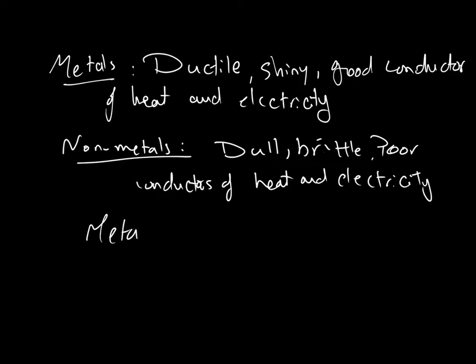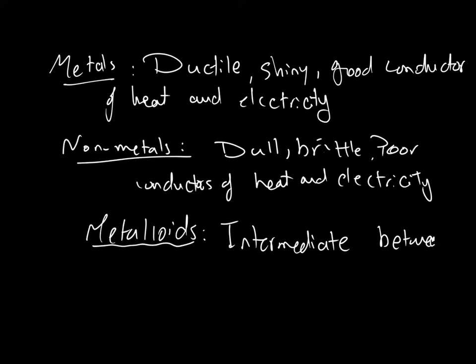And metalloids, because they lie in the middle between the metals and the nonmetals, have combined or intermediate characteristics between metals and nonmetals. So we can say that metalloids are conductors for electricity, but not as strong as metals.